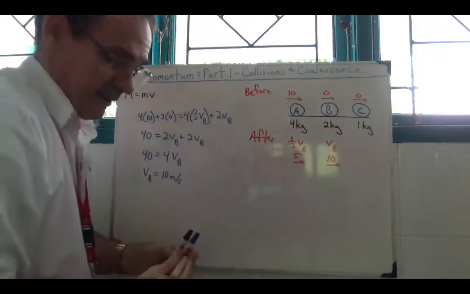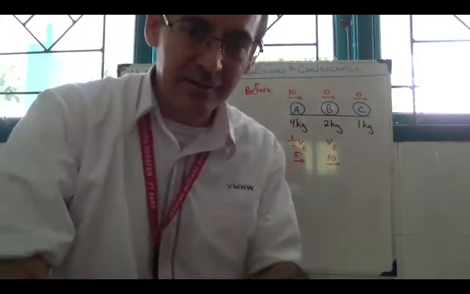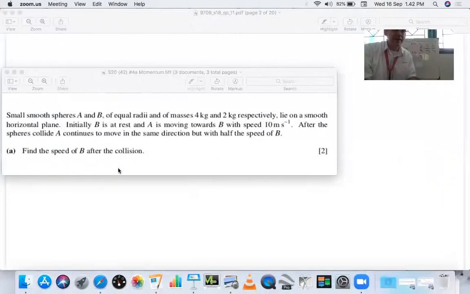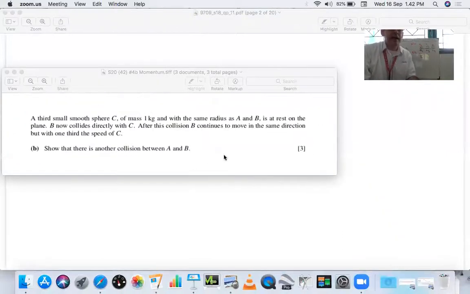Okay. Now let's look at the next part of the question. It says a third small smooth sphere C of mass 1 kilogram, same radii as A and B, is at rest on the plane.